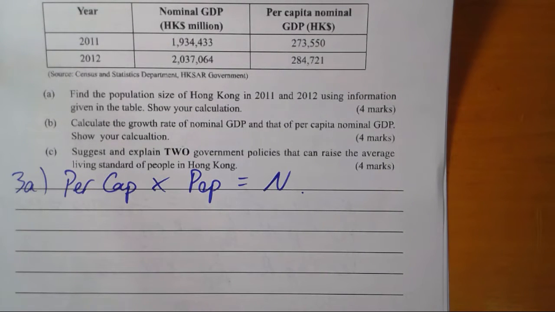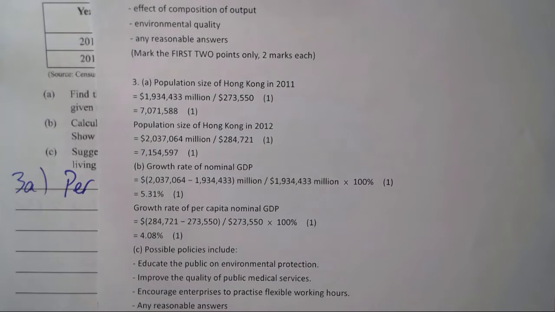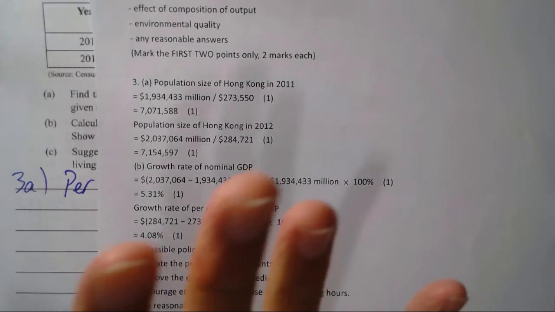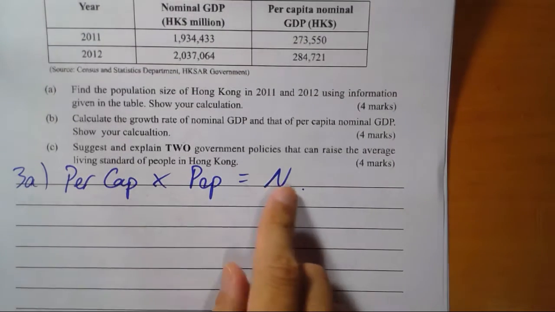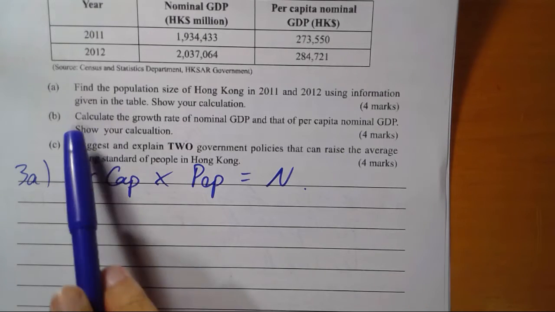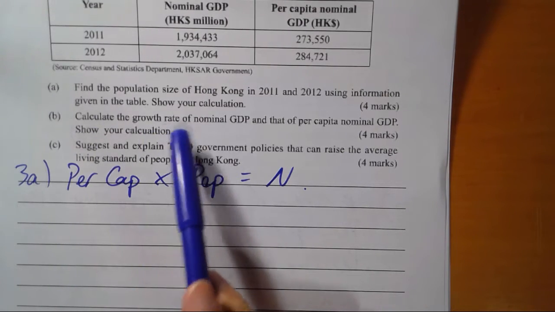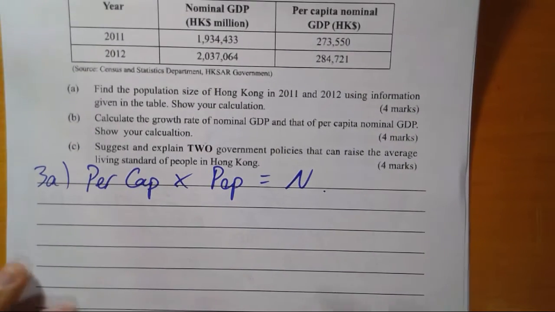OK, now again, let me just show you the answer. In case you need it, you just follow this formula, you will get it. Now, in case you really need to know A and B, 嗱呢個我真係唔想講啊，數學嘢嚟㗎。你需要嘅你 pause 個 video 去，我唔想睇啦，好嘛？Now, once you get the nominal and once you get the population, we just need to know the growth rate of nominal GDP and per cap nominal.